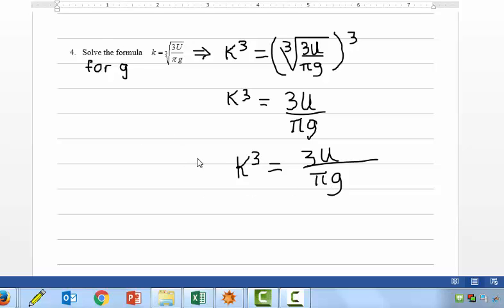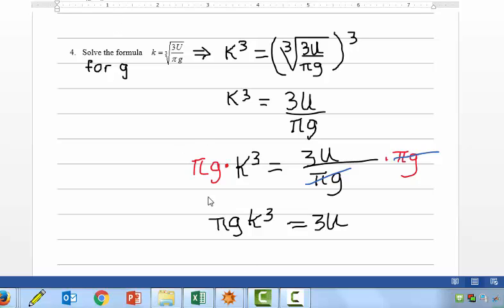So I'll multiply the left side by pi g, and I'll multiply the right side of the equation by pi g. So that gives me pi g k cubed equals 3u, and I'm solving for g here.